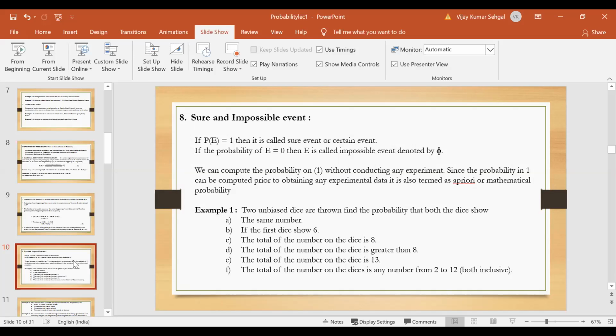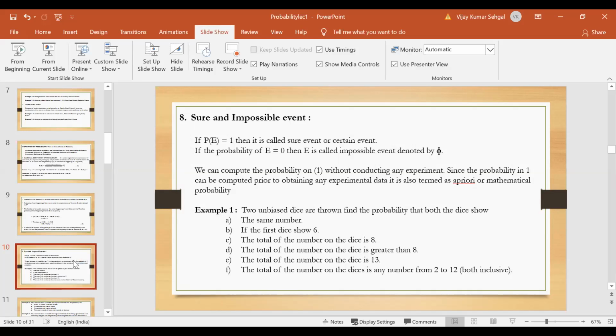That means the favorable cases are 1,1; 2,2; 3,3; 4,4; 5,5; 6,6. That means 6 favorable cases, and exhaustive cases are 36. So the probability of the same number will be 6 by 36, that is 1 by 6.